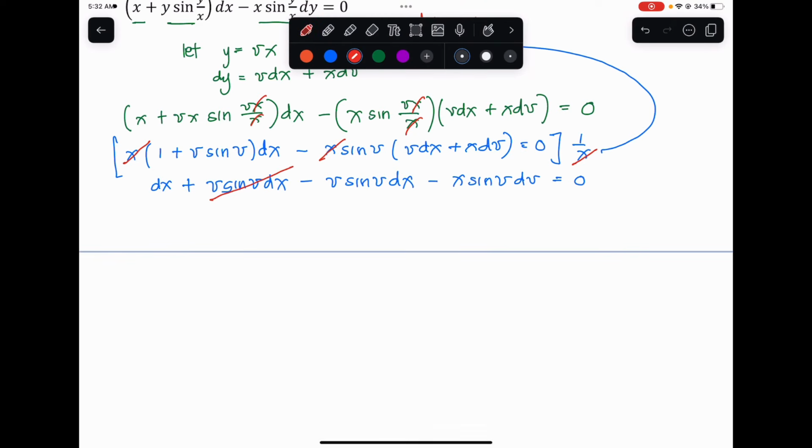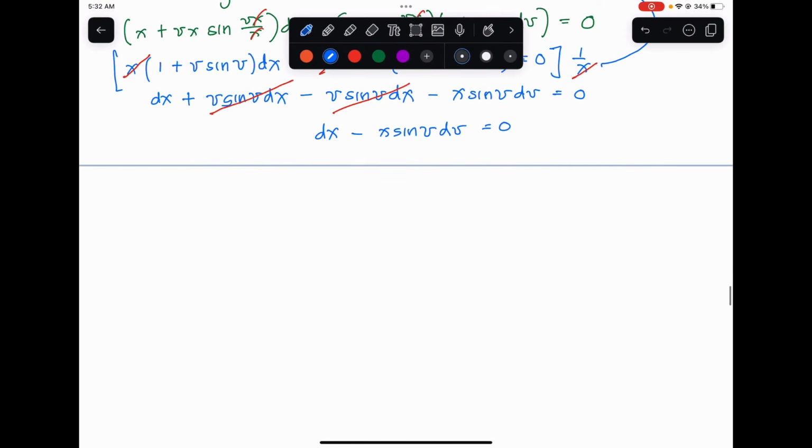So v sine v dx minus v sine v dx will be 0, and thus leaving us to have dx minus x sine v dv equals 0. So this is a bit shorter. So we can now have dx over x minus sine v dv equals 0, because x is in excess here, so it moved down.